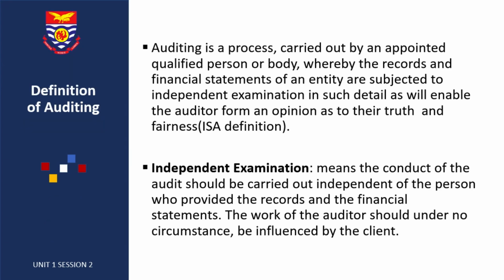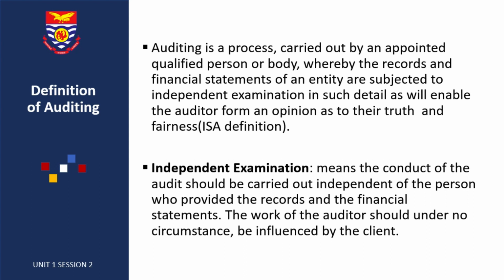Definition of auditing. Auditing is a process carried out by an appointed qualified person or body whereby the records and financial statements of an entity are subjected to independent examination in such details as will enable the auditor form an opinion as to their truth and fairness. This definition is coming from the International Standard on Auditing.